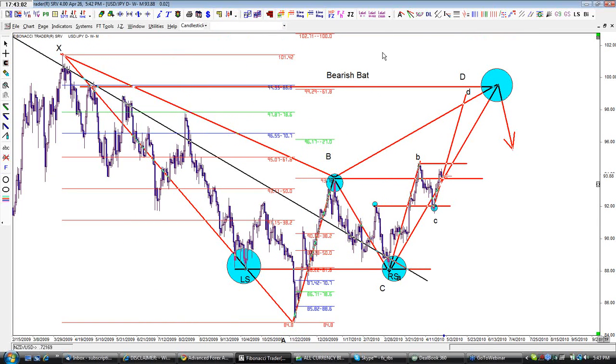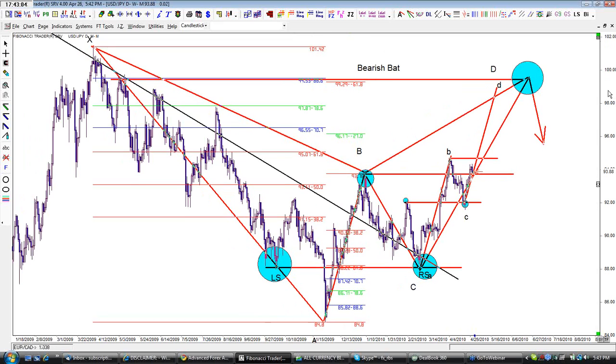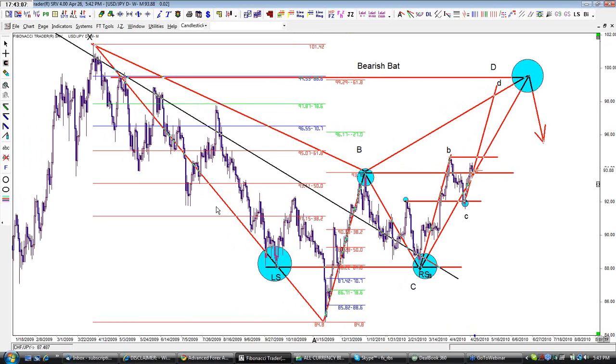What other pattern do I have? This big swing, X, A, B, C, D. This is a very, very, very big bat with the sell D at 99 area, 99.20, 99.50.